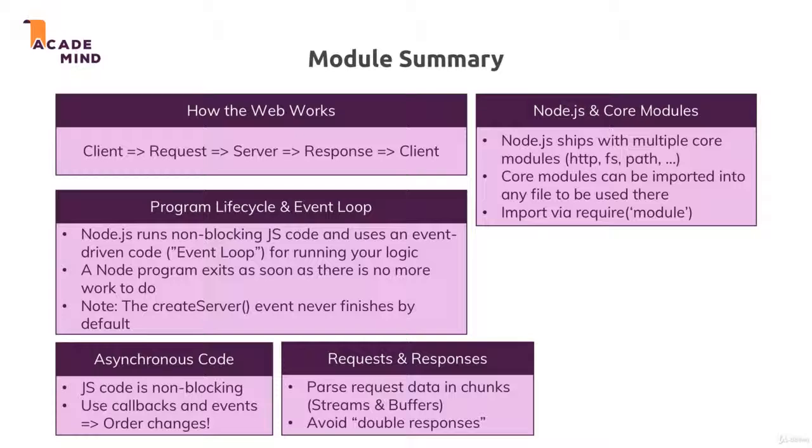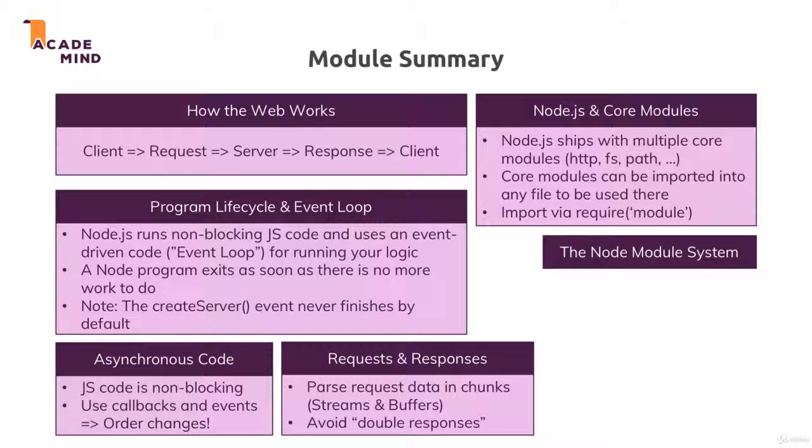And these core modules give us a couple of different functionalities that allow us to basically do whatever we could ever want to do on a server, like create a new server with the help of the HTTP module. They're imported via the require syntax, and we can only use them in the file into which we import them. And if we want to use them in two different files, we have to import them in both files separately.